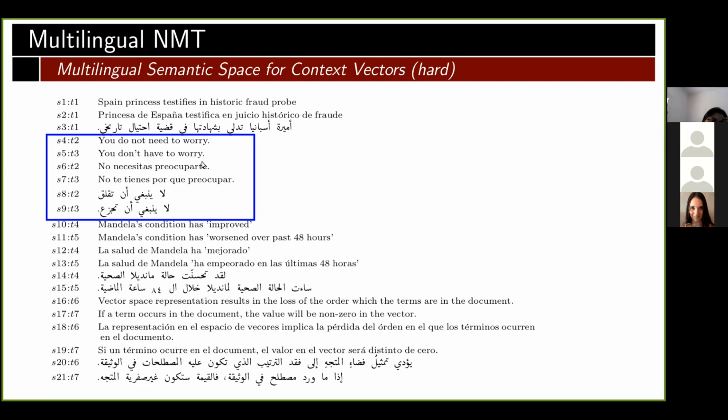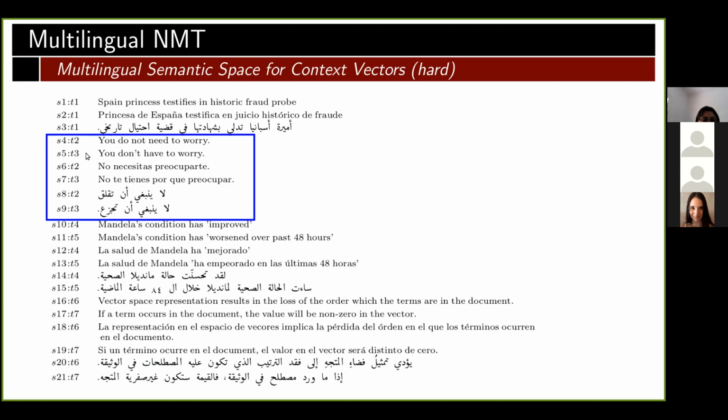So we have 6 sentences, 2 English, 2 Spanish, 2 Arabic. And if we look at the English one, we see that they are really very close. So you don't need to worry and you don't have to worry. These are very similar sentences. And we add things like this because what we wanted to know is how are these sentences encoded at the end? So what's closer?